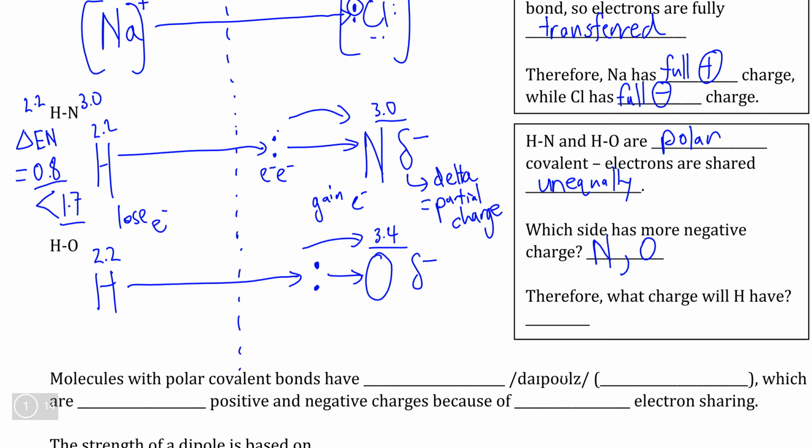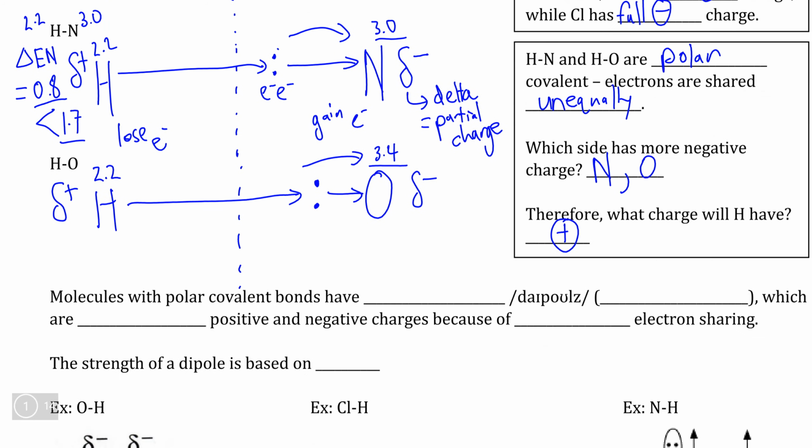And as we know from sodium up here, if you lose electrons, you are going to have a positive charge. But just like with nitrogen and oxygen, because this isn't a full transfer, this positive charge is not a full positive charge, but instead is a partial positive charge.